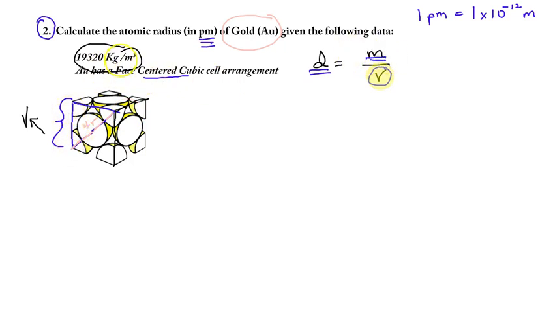So let's go after the density. And look at this, it's kilograms per meter cubed. I'm going to put this in centimeters cubed. Or I could put it directly into picometers, but I know the conversion from meter cubed to centimeter cubed, as we talked about in our lab.